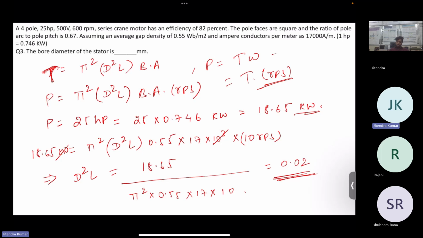But do not forget to take into account the efficiency value, because this 25 HP is the rating. Generally rating is given in terms of output, but since this is a DC machine, this will be your input power, 25 HP.